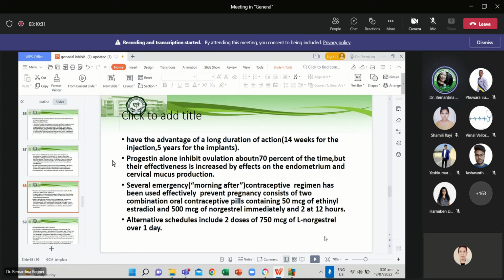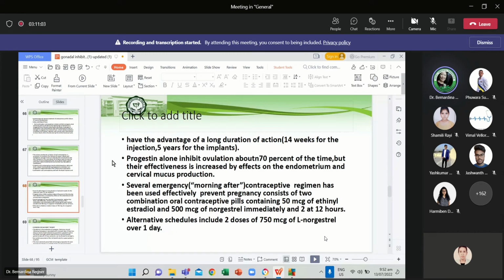Now, progestin alone can inhibit ovulation about 70% of the time, but their effectiveness is increased by their effects on the endometrium and your cervical mucus production. Now, there are also morning after contraceptive regimens that have been used effectively to prevent pregnancy, which consist of 2 combination oral contraceptive pills containing 50 micrograms of ethinyl estradiol and 500 micrograms of norgestrel.